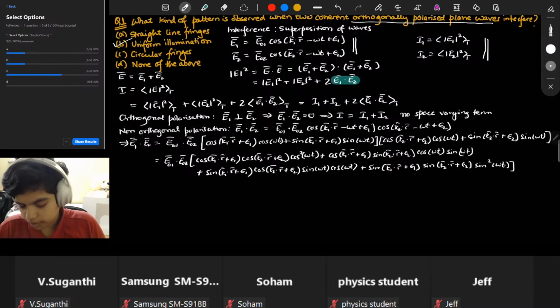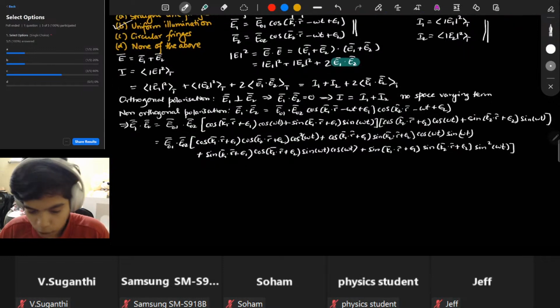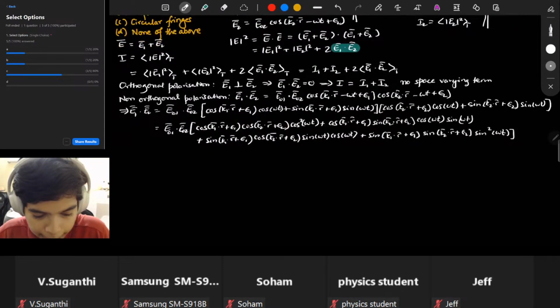Okay, so we just multiplied each of these four terms to get four terms in the final expression.